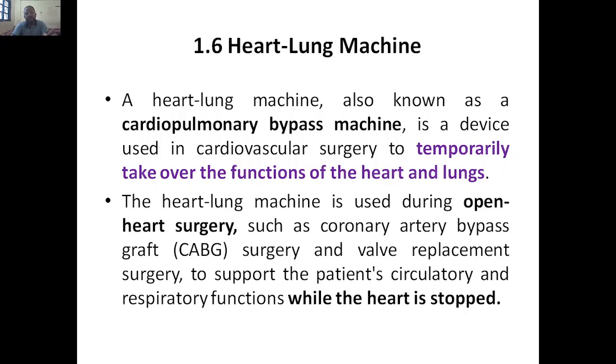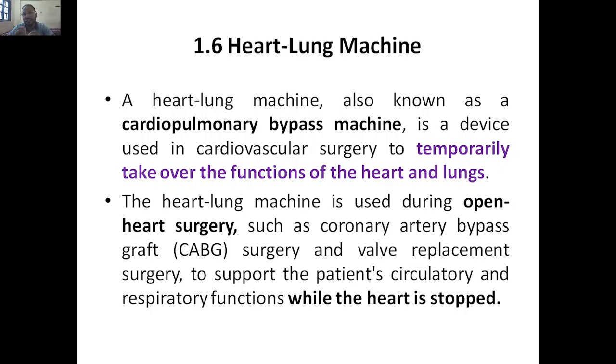Okay, so where do you think we might need these kind of machines? Maybe during heart surgery, maybe a bypass surgery, which you might have heard. Bypass in the sense we are bypassing the function of the heart and lung to the machine.